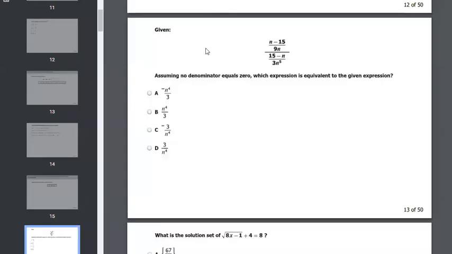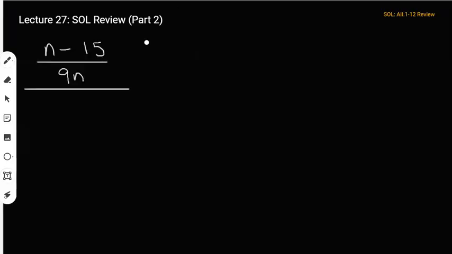In the denominator, I have 15 minus n over 3n to the fifth power. So 15 minus n goes on top. On the bottom, we're going to have 3n to the fifth power.